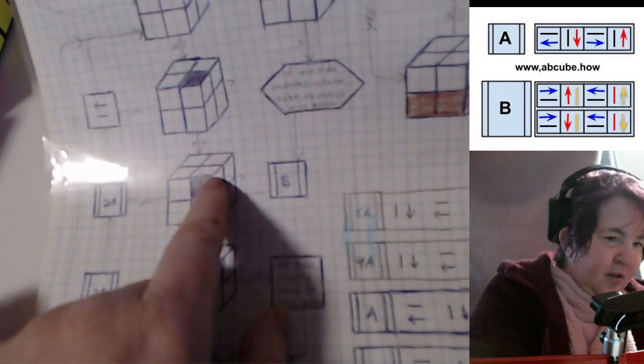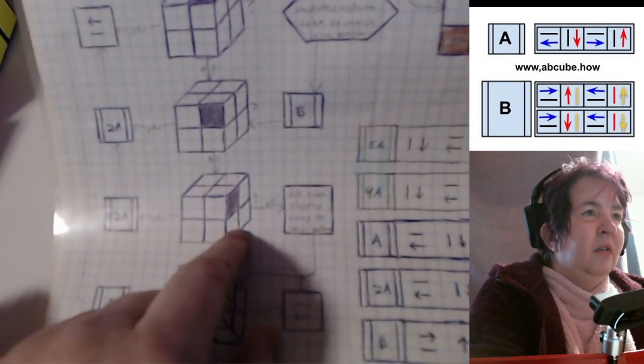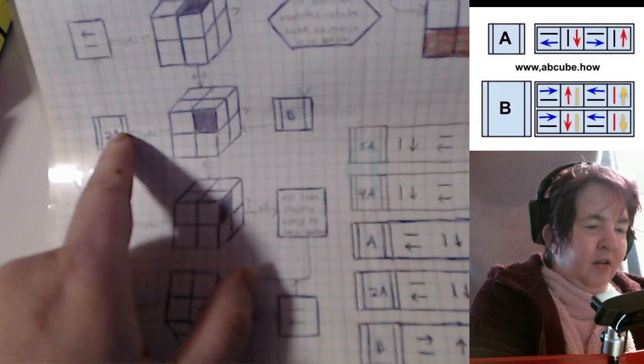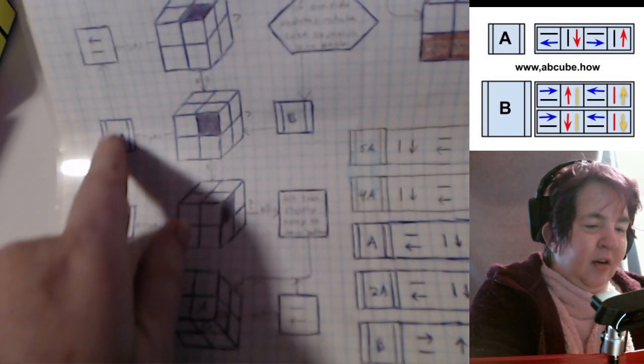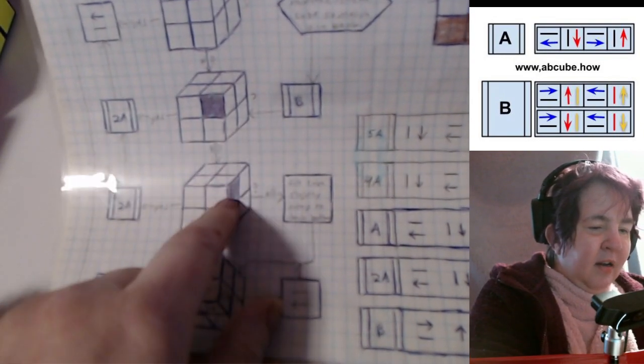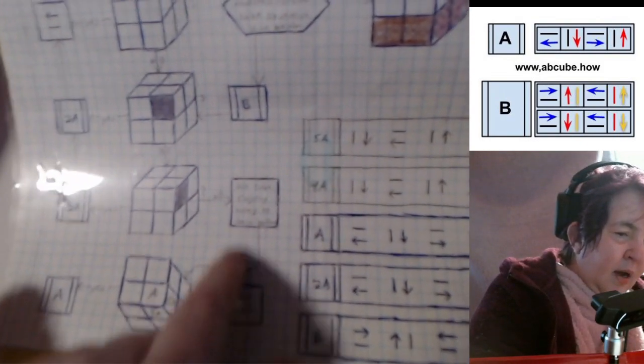And if the answer is no, then if it's somewhere on the top, you do 2A and then ask the question again. Actually, if it's on the right, you do 2A and then it looks like this, and then you do 2A again.